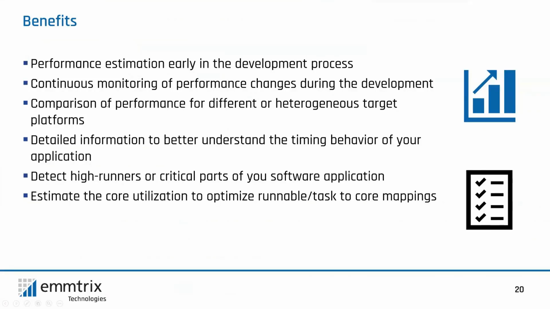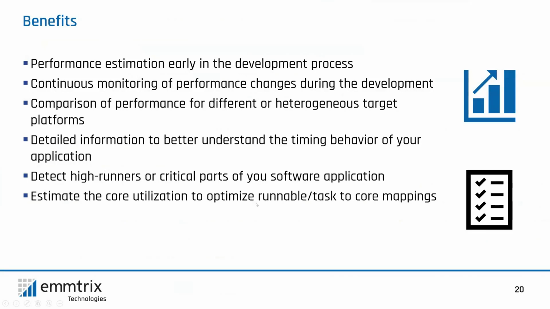You can also use this information to check how the performance is different on different target platforms, even heterogeneous ones. So with this approach, we can have combinations of different processing cores available. So that's all that is possible.